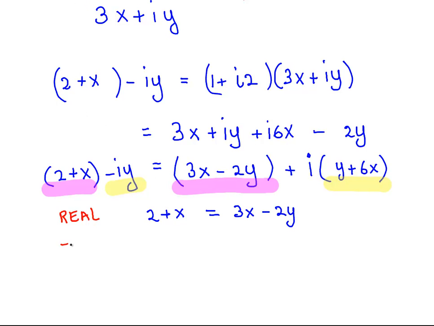Imaginary: that is minus 1 because we have minus iy, so minus y, is equal to y plus 6x.